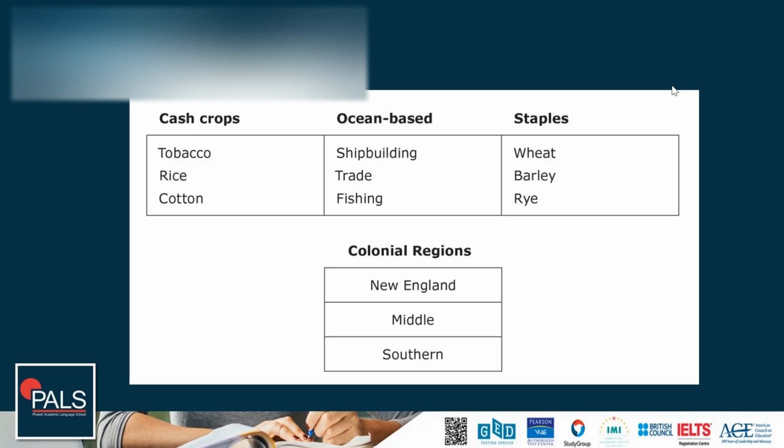Beneath that, we have a column giving us the colonial regions. The colonial regions, as you should have studied in the U.S. history segment of the test prep, would be New England, the middle colonies, or the southern. We're not going to go into which colonies are in each region, but we can make a determination which region had which type of economy based on our factual knowledge.